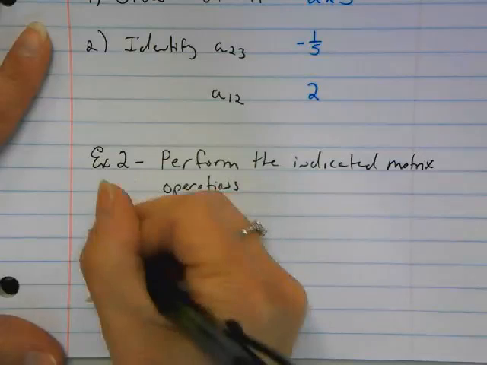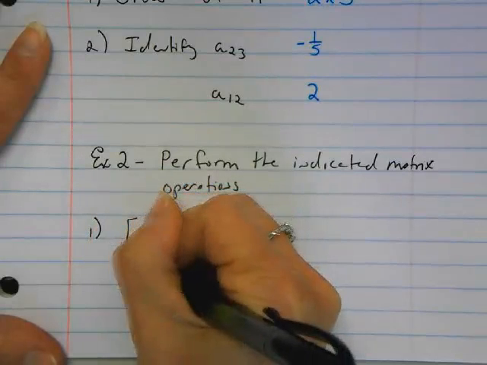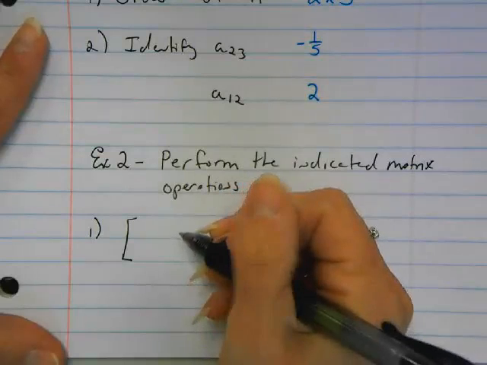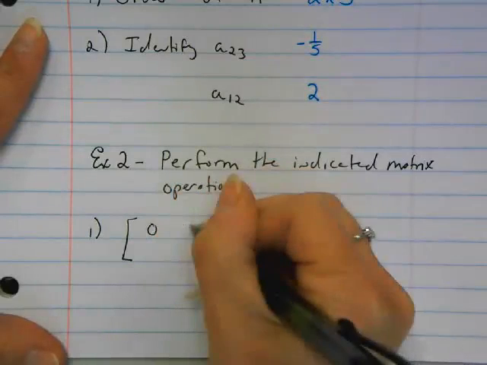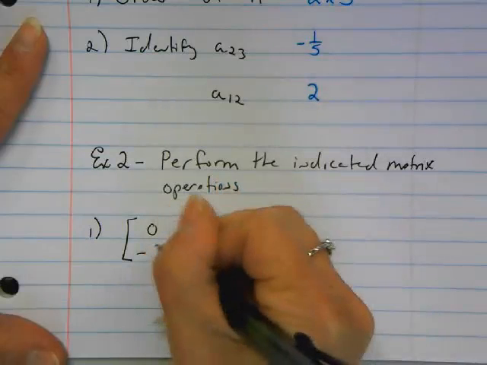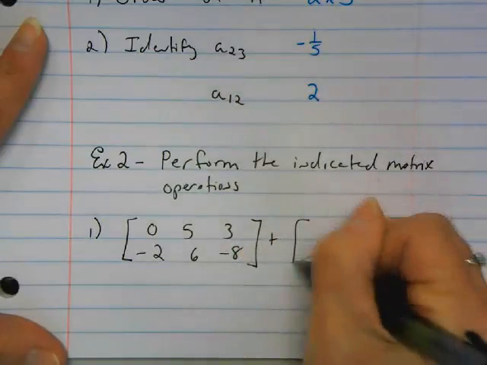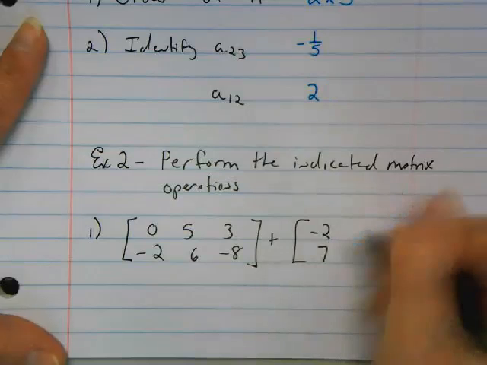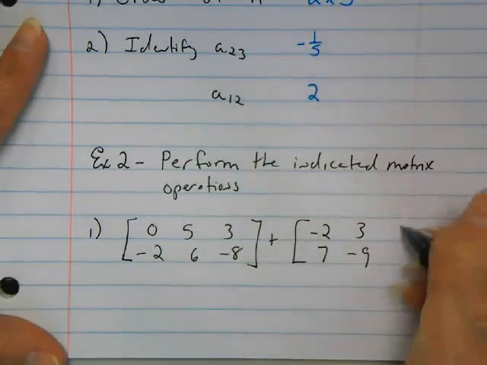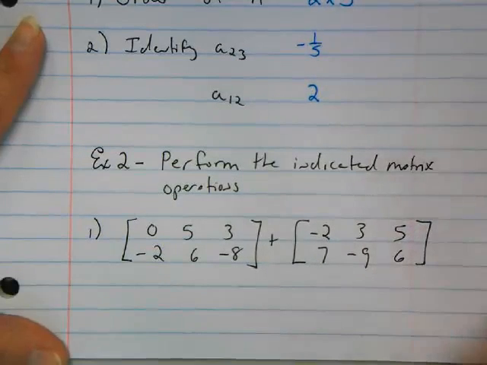The first one I want to do, I'm going to have 0, 5, 3, -2, 6, -8, and I want to add to it -2, 7, 3, -9, 5, and 6.